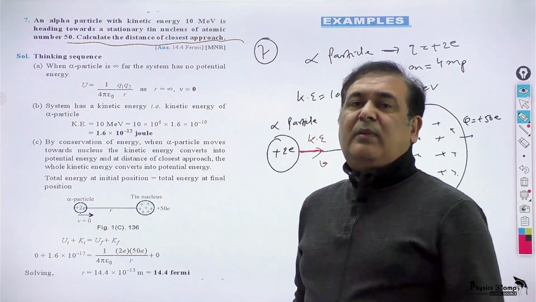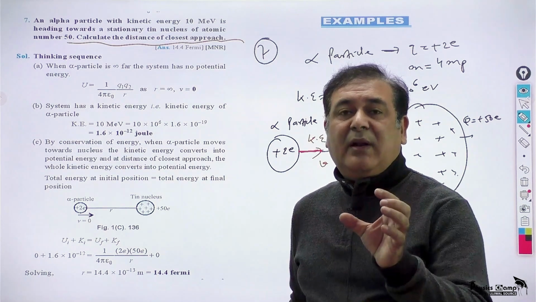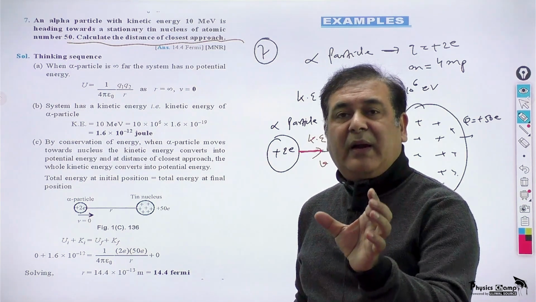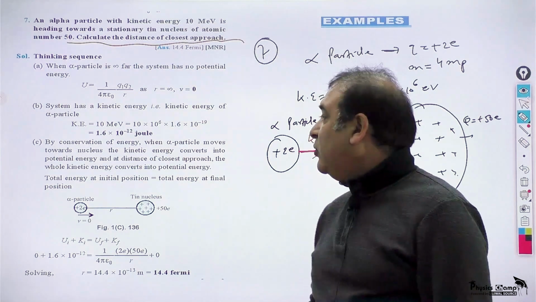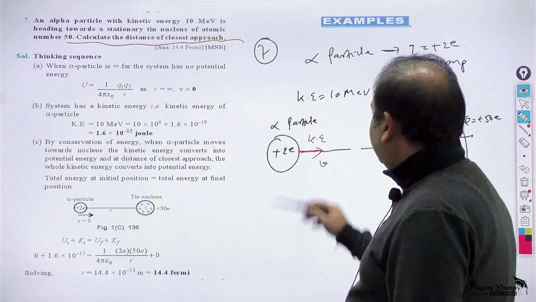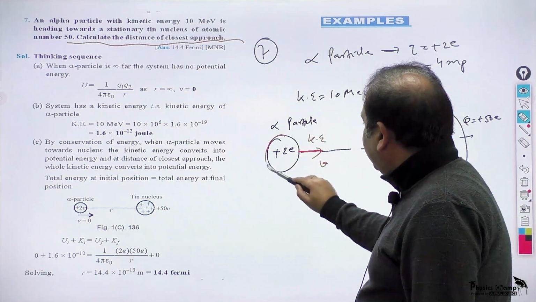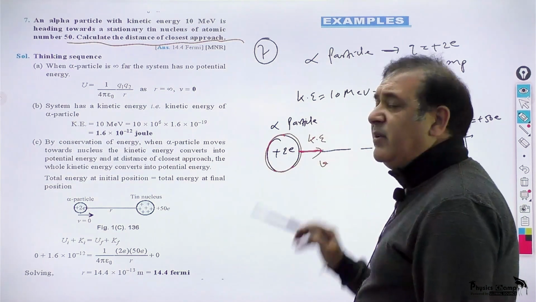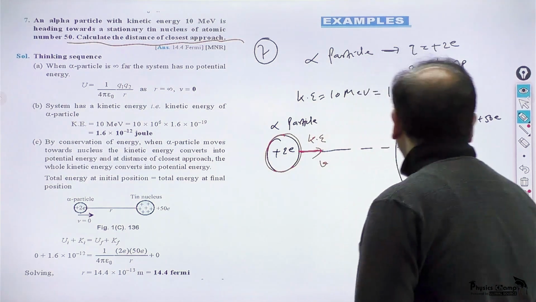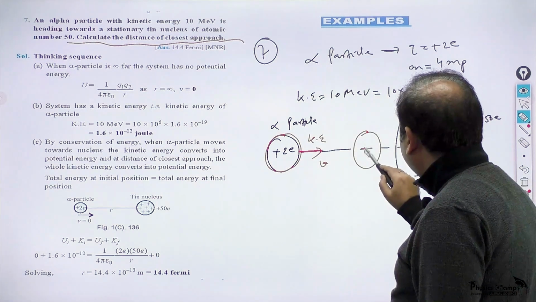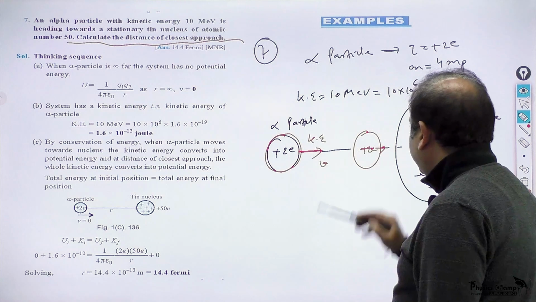Distance of closest approach is the closest distance where the system will be at rest. So obviously, when this alpha particle is coming towards it, initially it was here, it was having some velocity, say v. Finally, this alpha particle comes and stops somewhere. Why will it stop?